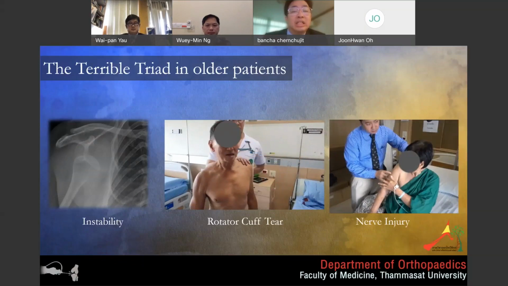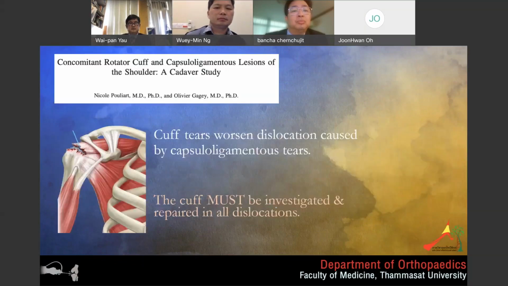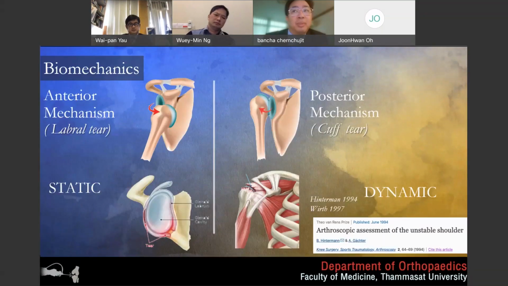This is not common in the young. The prognosis of this triad depends on nerve recovery, and most of the time it recovers. And the second is how well you can manage the rotator cuff. Don't miss it.